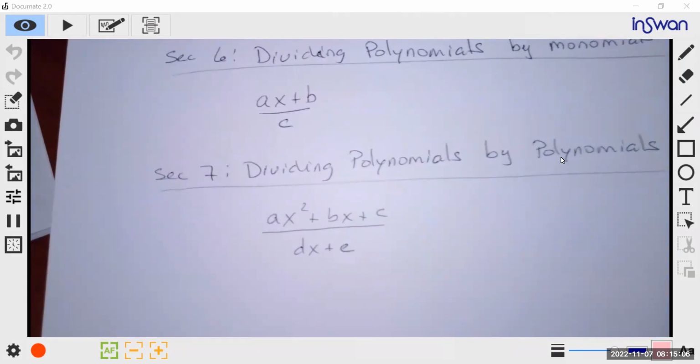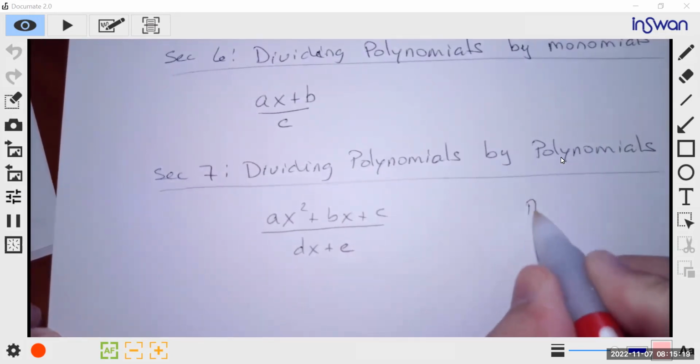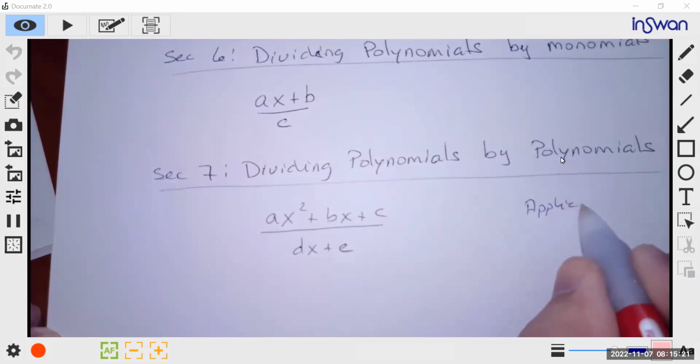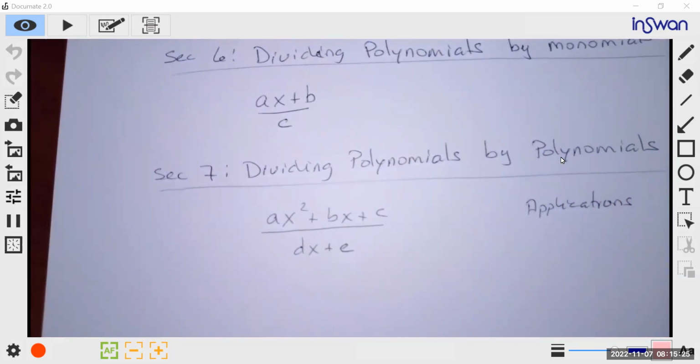So we have a polynomial divided by a polynomial. And with this, we're going to discuss applications as well. Where would we use this? How would we use this? Why would we use it?